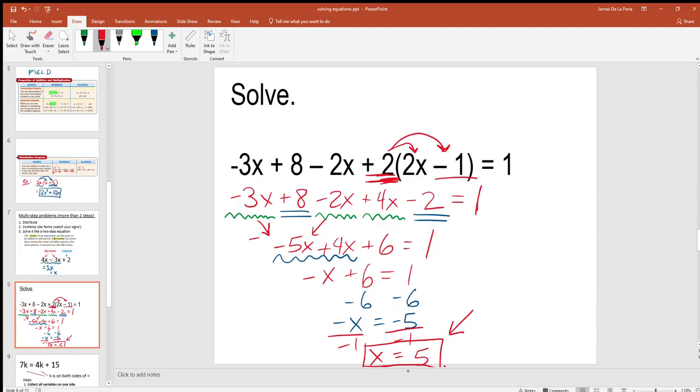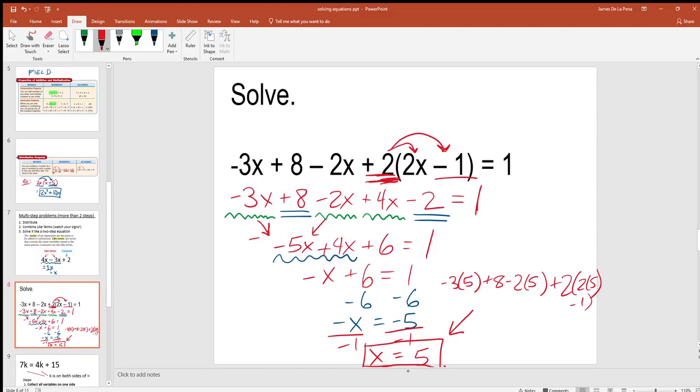And again, we can check that. We can make sure that that's the correct answer by going back to our original problem and plugging it in, see if it makes sense. So what we're saying is that if you have negative 3 times 5, because that's where the x was, plus 8, minus 2 times 5, because that's where the x was, plus 2 multiplied by 2 times 5, I kind of ran out of room here, minus 1.